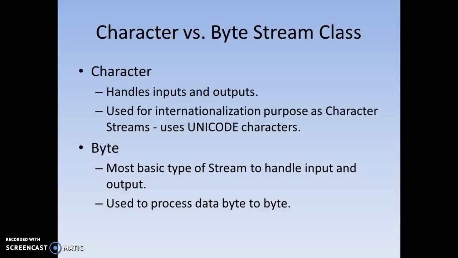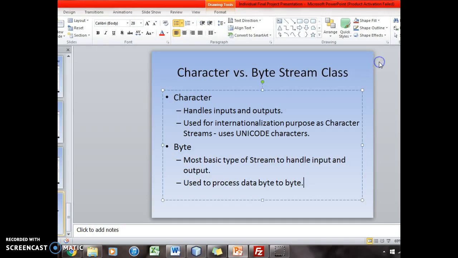So the byte class, string class, is the most basic way to handle an input and an output, and a character is a little more complex. The biggest difference, like I said, is that characters are using Unicode, but both of them handle input and outputs. And that's the end of my presentation here.